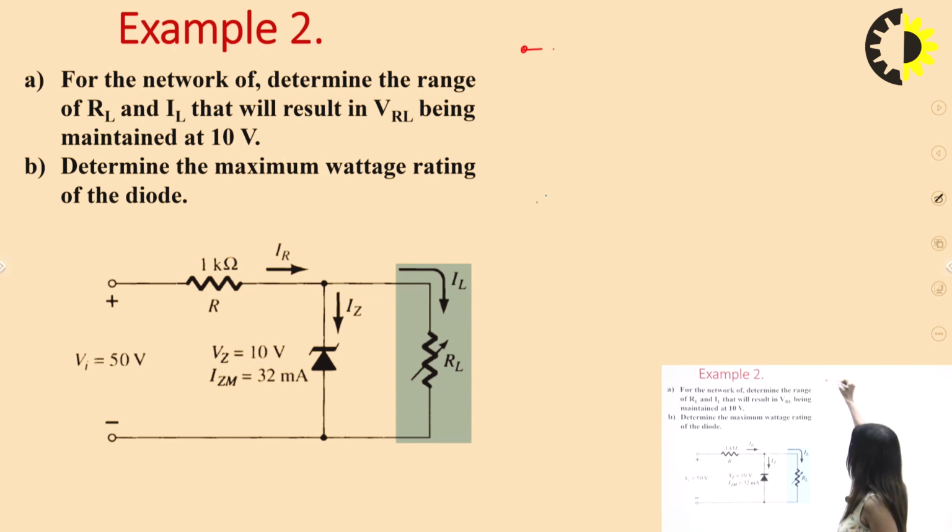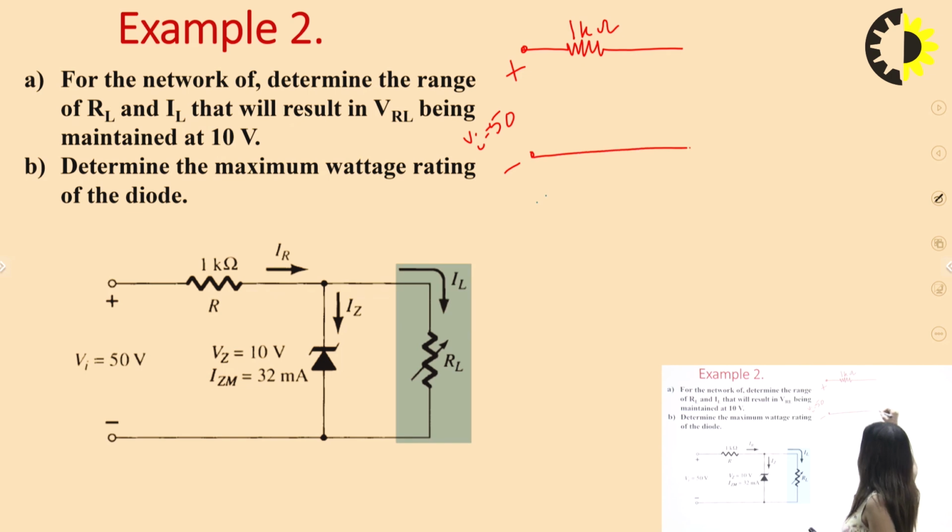If you want, you can do this numerical with me also. You can make the circuit as I am making, with 50 volts as VI. Make it with a battery of Vz, that means 10 volt.